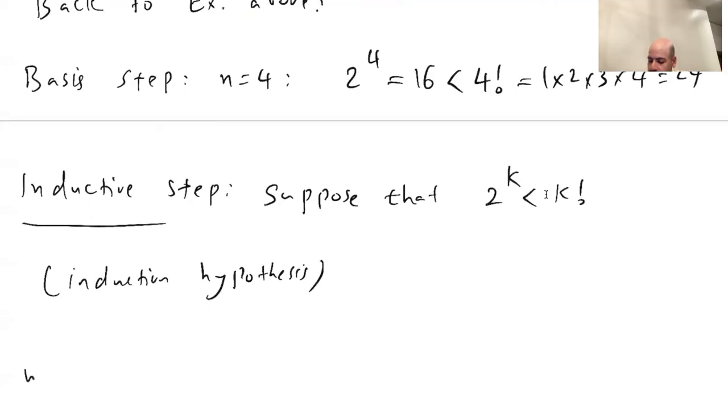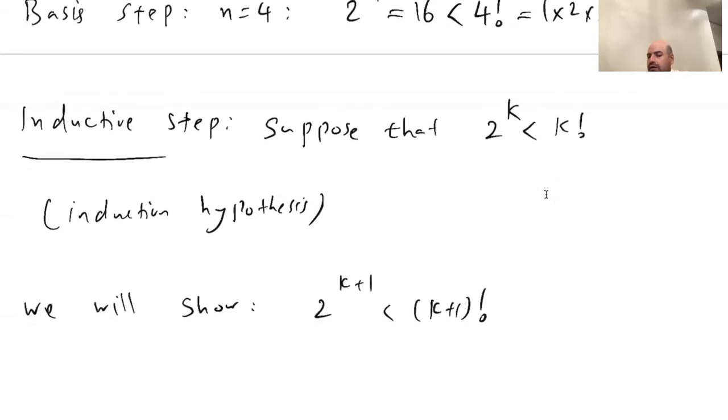And we will show that the statement holds for n equals k plus 1, meaning that 2 to the power k plus 1 is less than k plus 1 factorial. Now, again, our job is to create a connection between the assumption, which is 2 to the power k less than k factorial, and the conclusion, which is 2 to the power k plus 1 less than k plus 1 factorial.